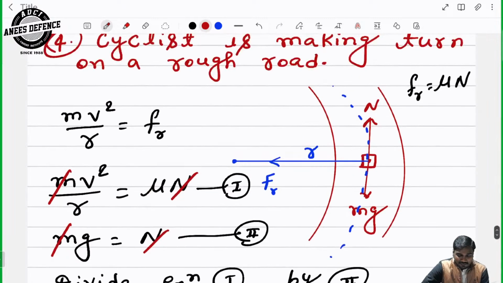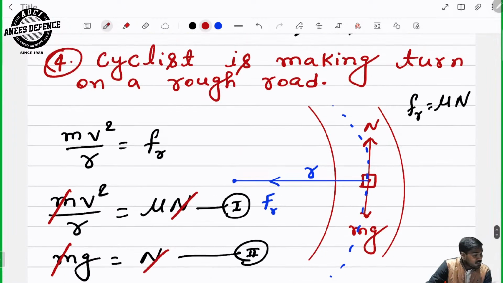In this case, if friction force is less than centripetal, then what happens? Friction force is less than centripetal. That person can't make circular track. Yes or no? Yes. That will skid away from the center.